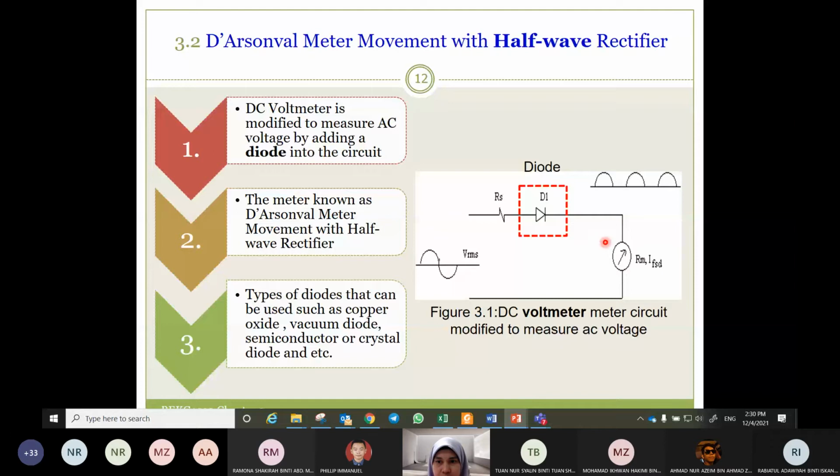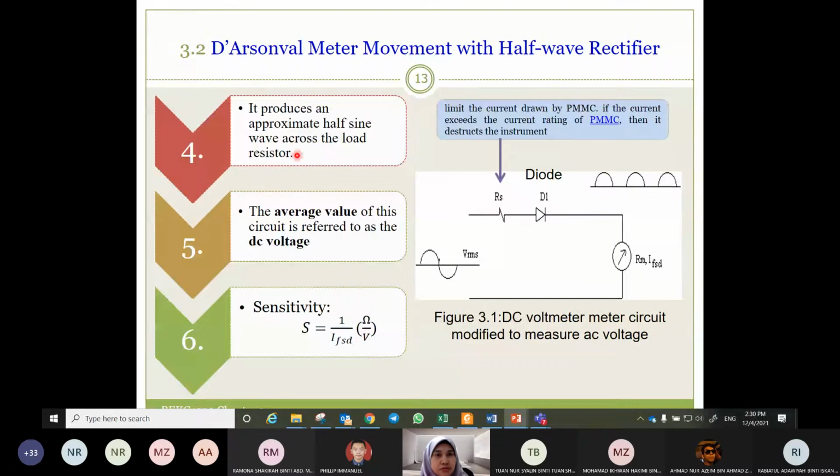This is the PMMC, and then it becomes a DC voltmeter to measure AC voltage. The input signal is AC. The meter is known as the meter movement with half-wave rectifier. Types of diode that can be used are copper oxide, vacuum, and so on. It produces an approximate half sine wave across the load resistor.